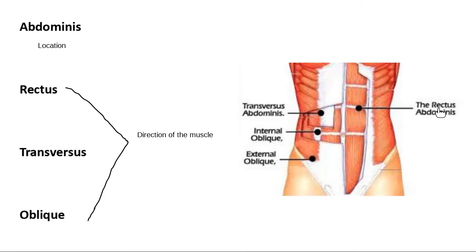This word rectus means parallel. So notice with rectus abdominis that we're going straight up and down. We're parallel to your spine, for example. So this muscle goes the same direction. That's why I call it the rectus muscle. And I call it rectus abdominis because it's in the abdominal region.